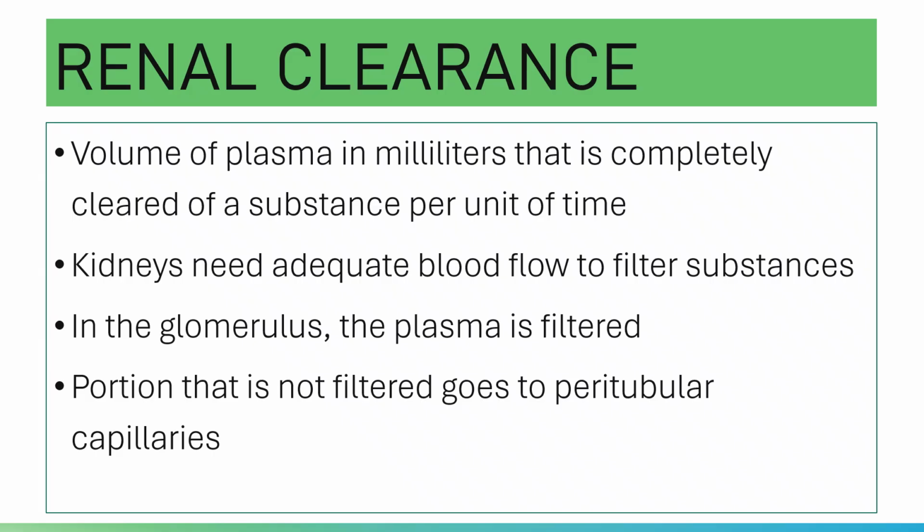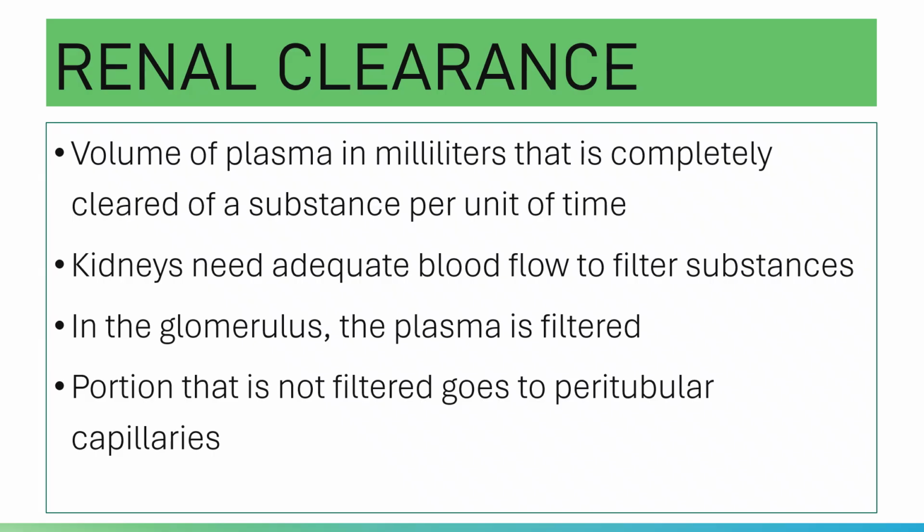Please note that your kidneys need adequate blood flow to filter substances. Your total renal plasma flow is 600 to 700 ml per minute.